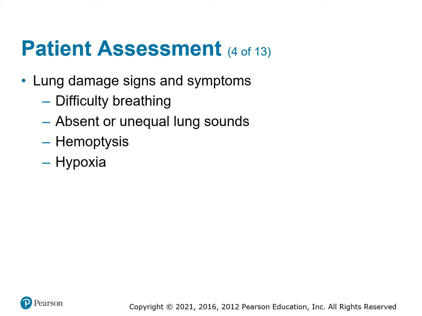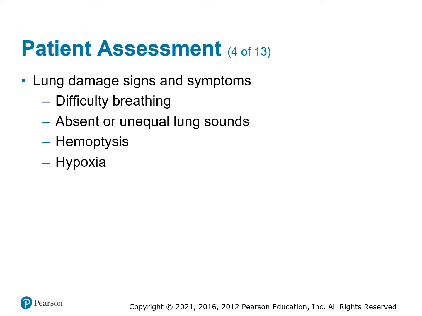Some of the key things that you can look for with lung damage as far as signs and symptoms are going to be obviously any difficulty breathing, respiratory troubles, absent or unequal lung sounds is another good indicator. Make sure that you're listening to all fields, not just the uppers, which is not that uncommon in the ambulance for paramedics and EMTs to get lazy and just listen to one field.